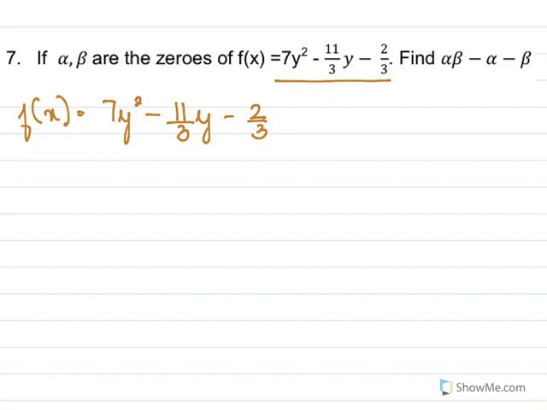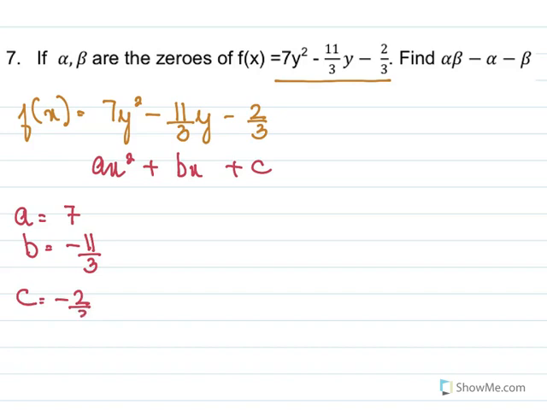So if we compare it with the standard equation ax square plus bx plus c, we have a equal to 7, b equal to minus 11 by 3, and c equal to minus 2 by 3.